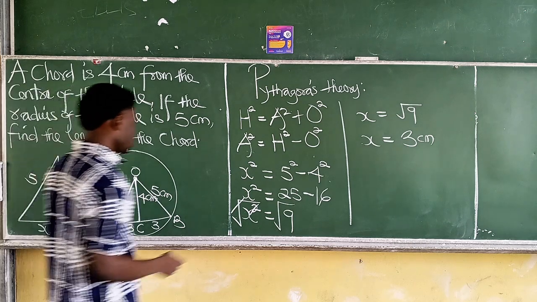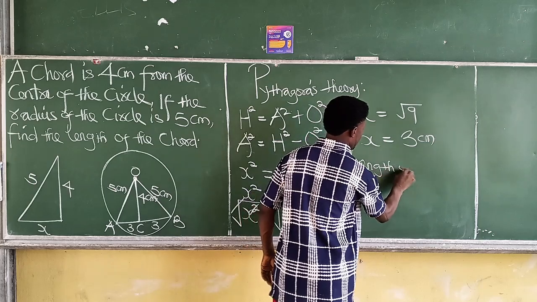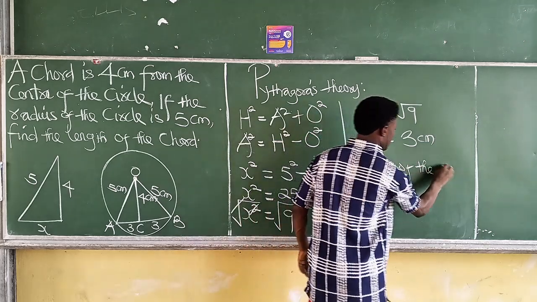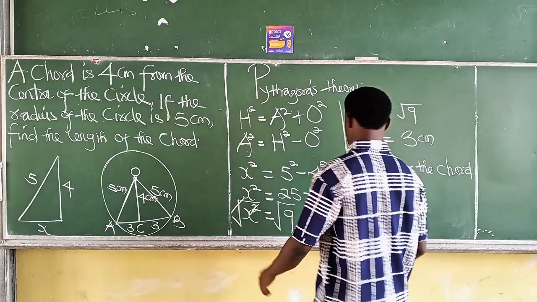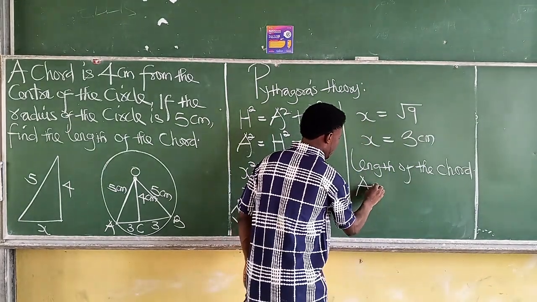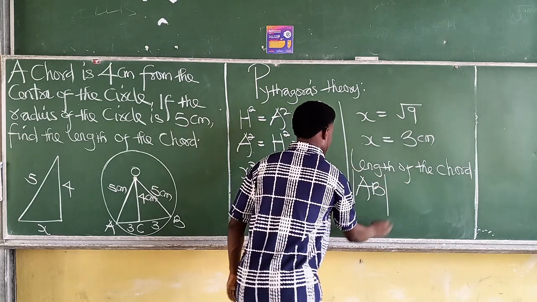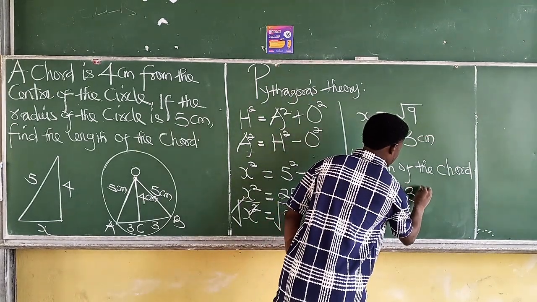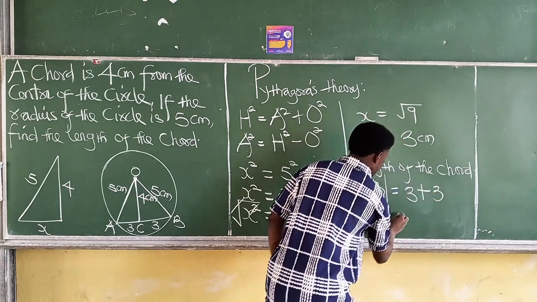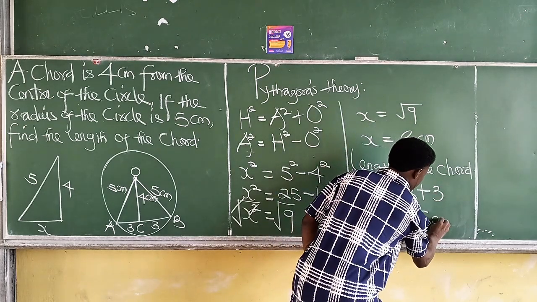The length of the chord is line AB, and line AB is equal to 3 plus 3. Therefore, the length of the chord is given as 6 centimeters.